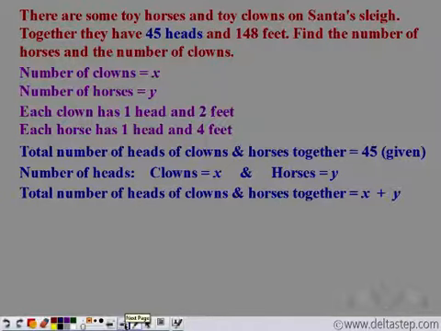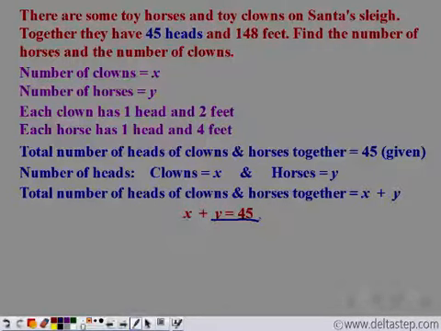It is given that the total number of heads is 45, and we have derived it to be x plus y. So we should have x plus y is equal to 45.